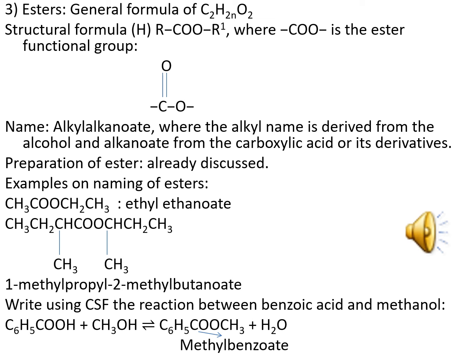Looking at the C double bond O, we clearly can see that it has 2 carbons, C double bond O, and behind it we've got CH3. So this is derived from the ethanoic acid, therefore we write down ethanoate. So the name of this ester is ethyl ethanoate.